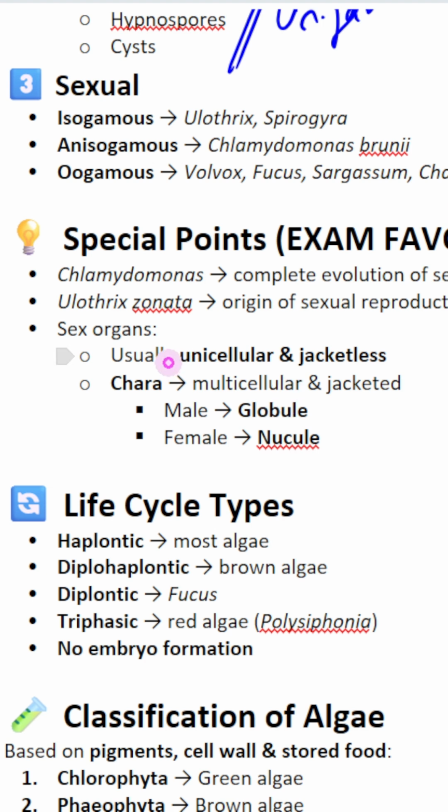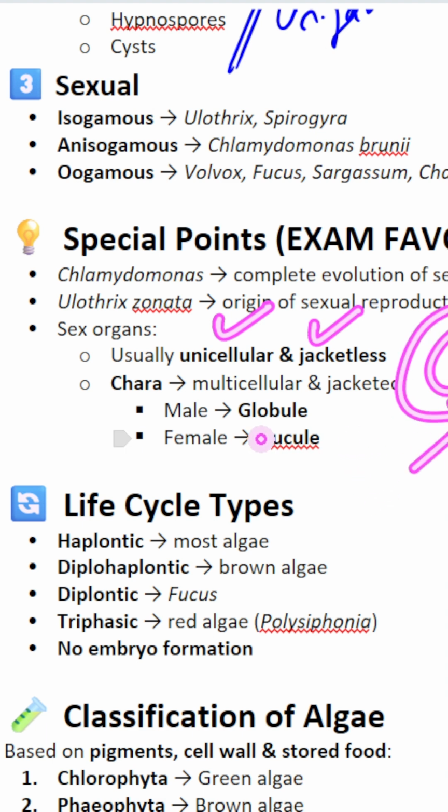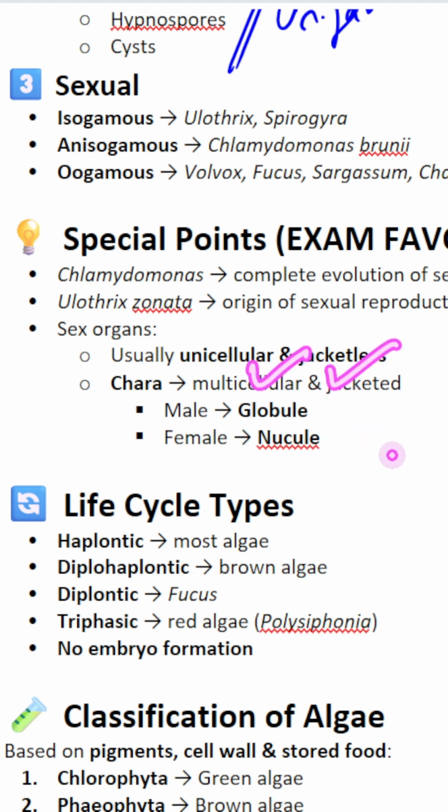Now, normally the sex organs in algae are unicellular and there is no jacket. Jacket means they don't have any covering layer, and they are mostly unicellular. Whereas in Chara, they are multicellular and jacketed. So this is the exception.